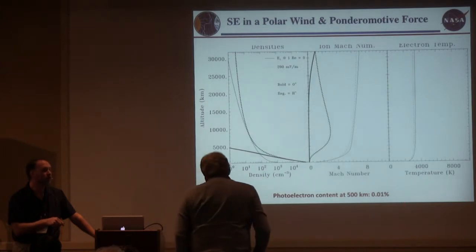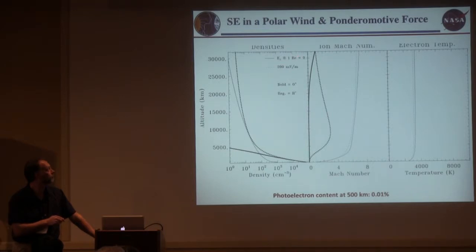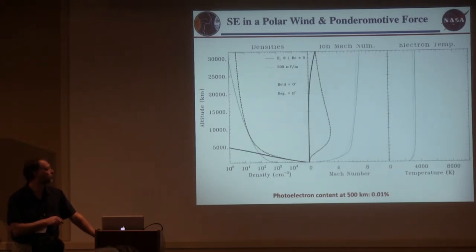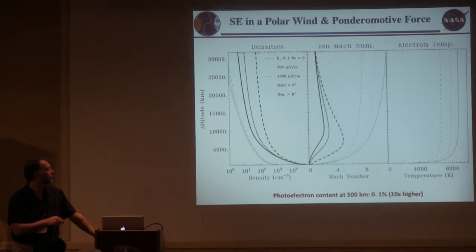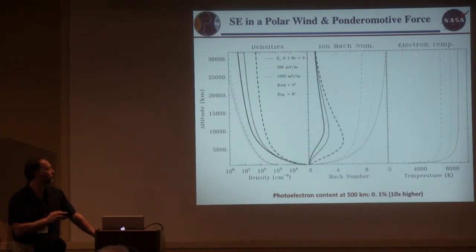This is for a small amount of photoelectrons. The different curves are for different levels of ponderomotive force. This is for a high, 10 times higher photoelectron amount. Low photoelectrons, high photoelectrons, same ponderomotive force being applied. Low photoelectrons, high photoelectrons: completely different solution when you add in a little bit more photoelectrons.